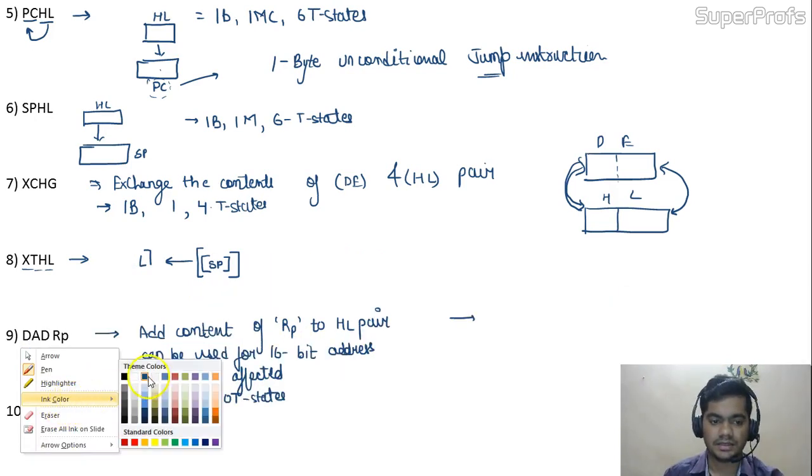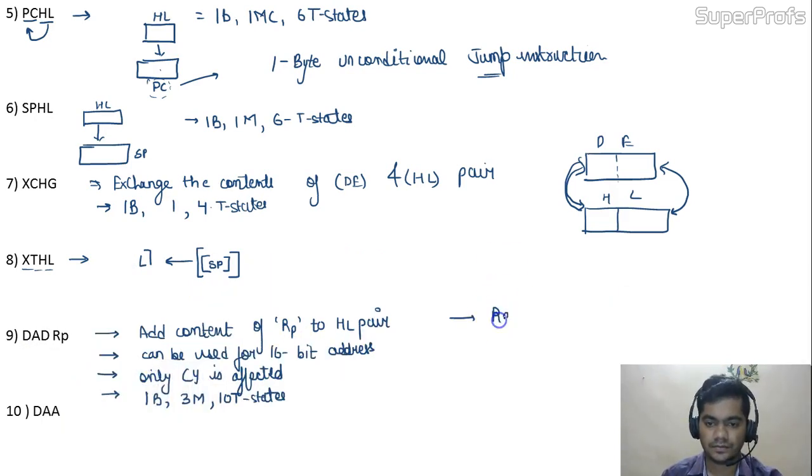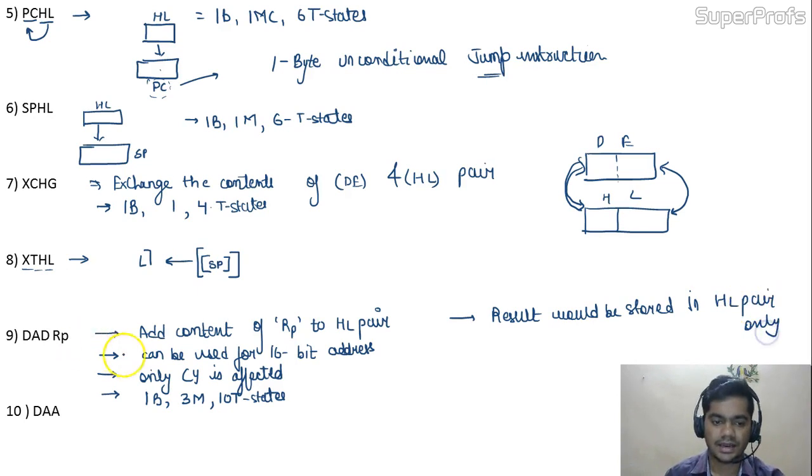Okay, and the result would be stored in HL pair only. Okay, and it would be a 1 byte instruction with 3 machine cycles and 10 T states. Okay, so this is DAD RP.